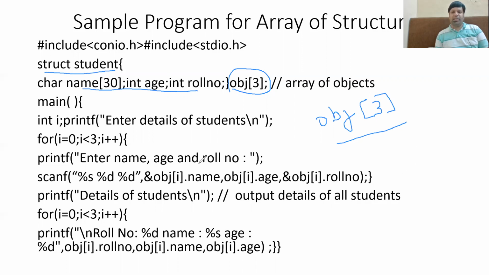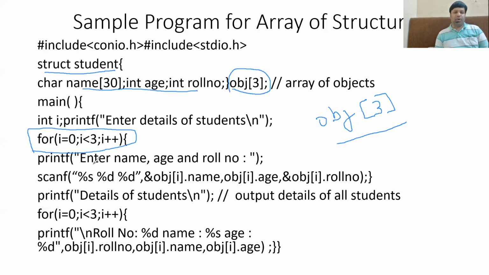Now, what is the biggest advantage of creating an array of structure objects? One that I have already discussed is that it helps in reducing the number of identifier names. Second, we can access individual or all the object elements using a for loop. How?